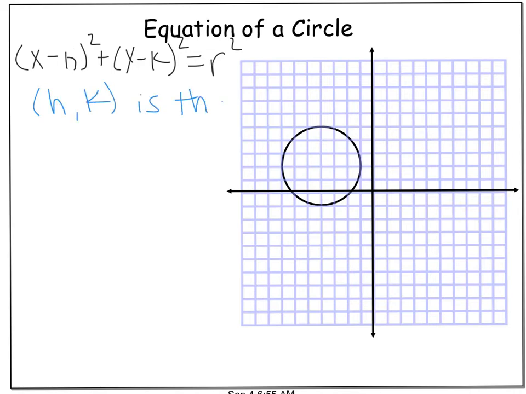We need to know the point h, k. That is the center of the circle that I have right here. That point is right there. That point is essential. We couldn't write a model for a circle unless we had that, because it tells us where the circle is.